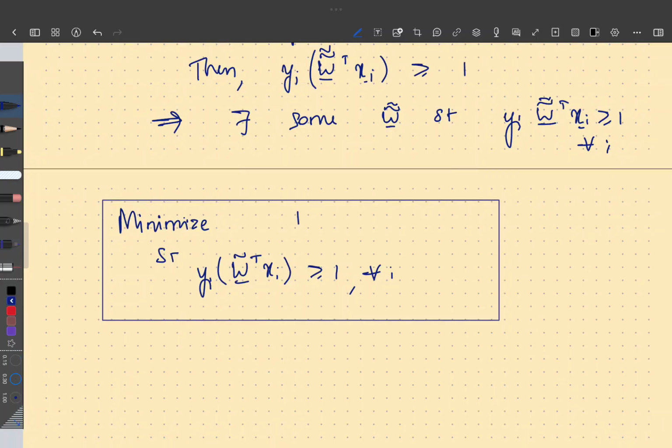I don't have a closed form expression, but I have a way of numerically solving this, and it's fairly efficient. Questions?